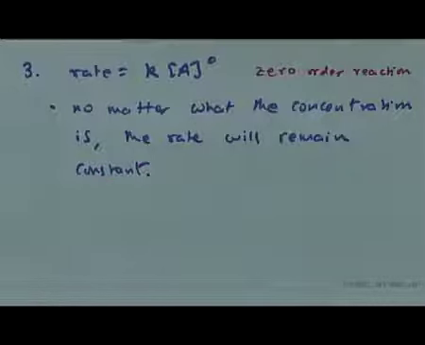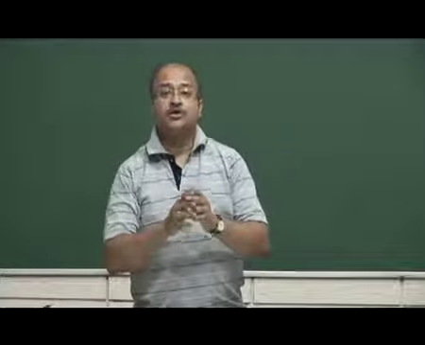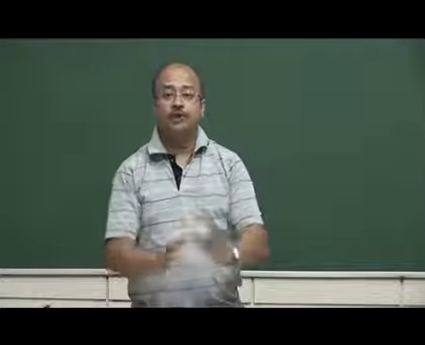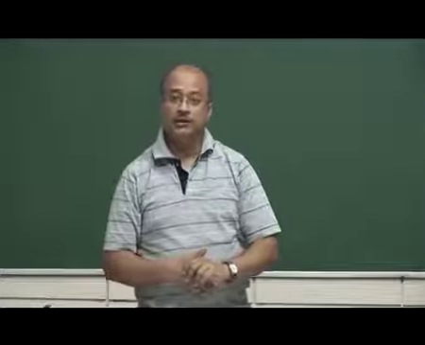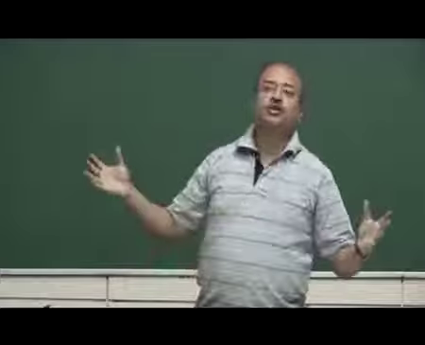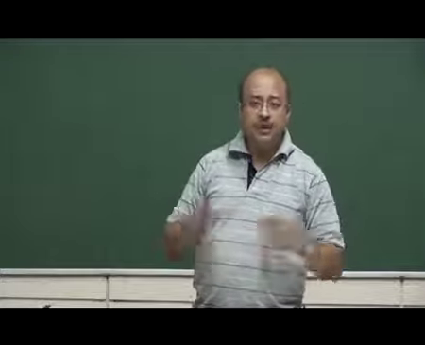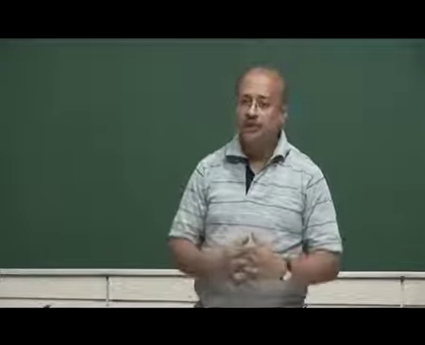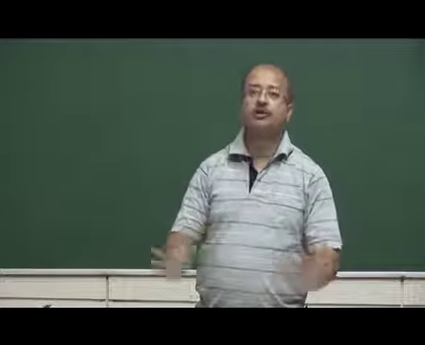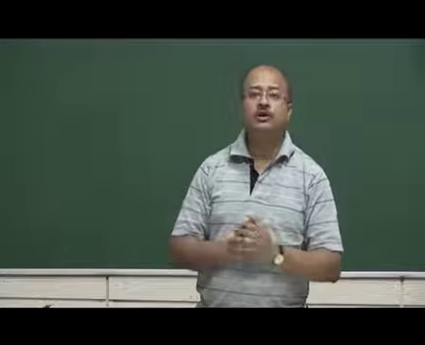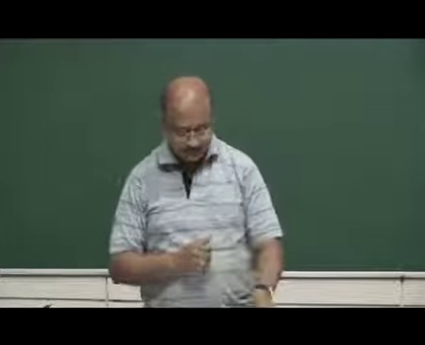So, this being a 0 order reaction, k raised to the power 0, it means that the rate has no dependence whatsoever on the concentration of the reactant you have taken. So, you can vary the concentration of the reactant many fold, many times, but the rate is absolutely not dependent on the concentration of A.